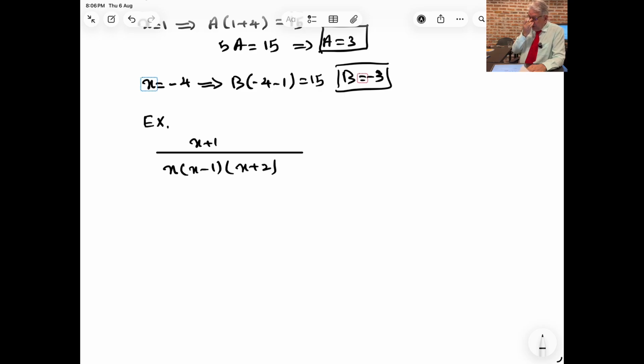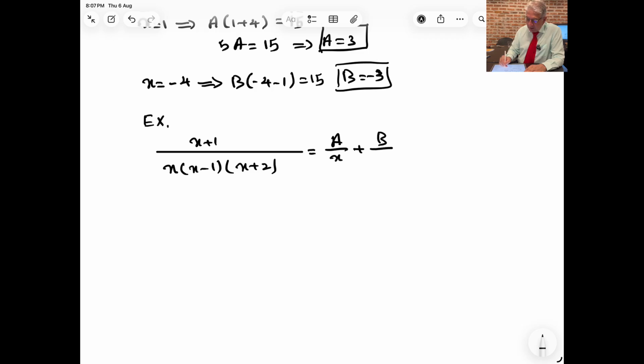Now here, all of the factors in the denominator are linear. Three linear expressions in the denominator, therefore the first case applies, and I can easily do that: a divided by x plus b divided by (x minus 1) plus c divided by (x plus 2).